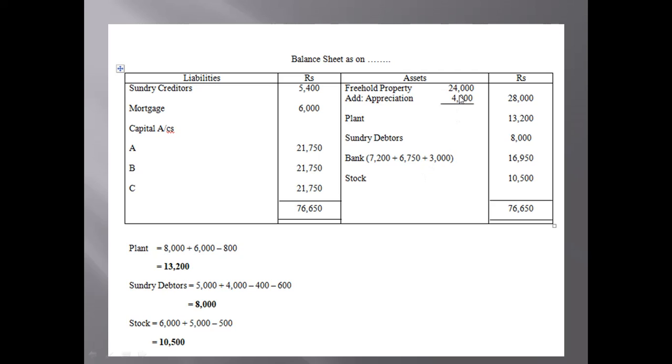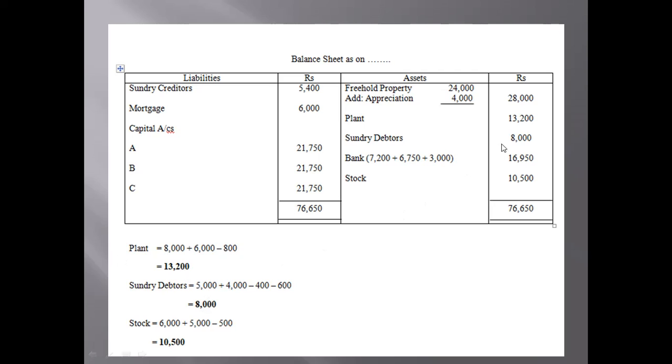Write the amount 28,000. And for plant, debtors, and stock, we will do the adjustment separately here, as I have shown here. You are supposed to write a working note showing how we are getting these different balances.